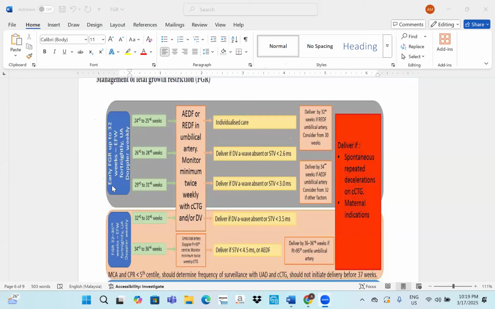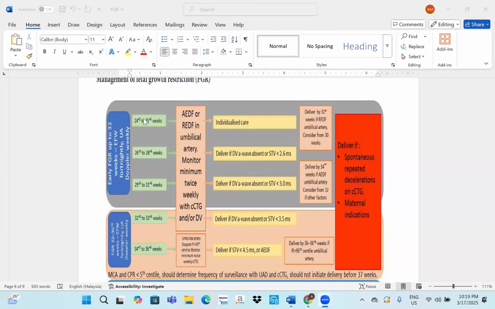Anytime or any point, if the umbilical artery Doppler shows any abnormality, so you will not be following this. Then you will be following monitoring of the umbilical artery Doppler 2 to 3 times per week. This is written inside the guideline that you will be doing the umbilical artery Doppler 2 to 3 times per week along with the computerized CTG and ductus venosus Doppler. Okay.